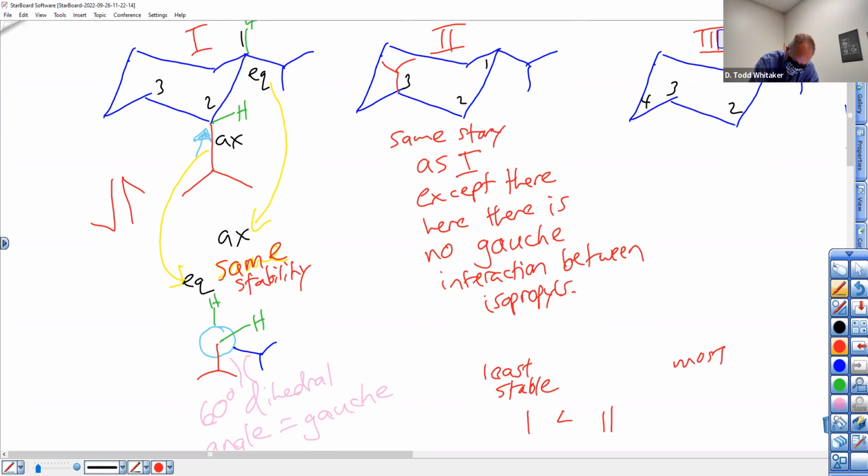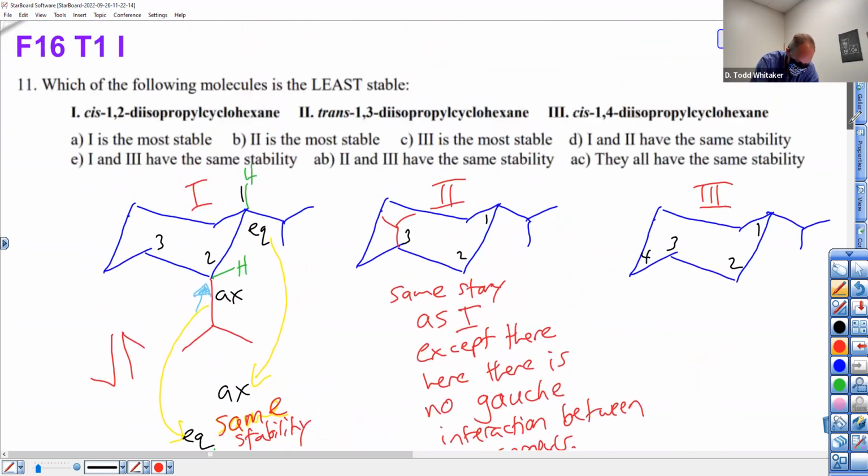And I bet in 3 we get both groups equatorial for the first time. Maybe not. We'll see. Yes. No. Cis means both on the same side, right? Wow. Same story again. Same story as 2.